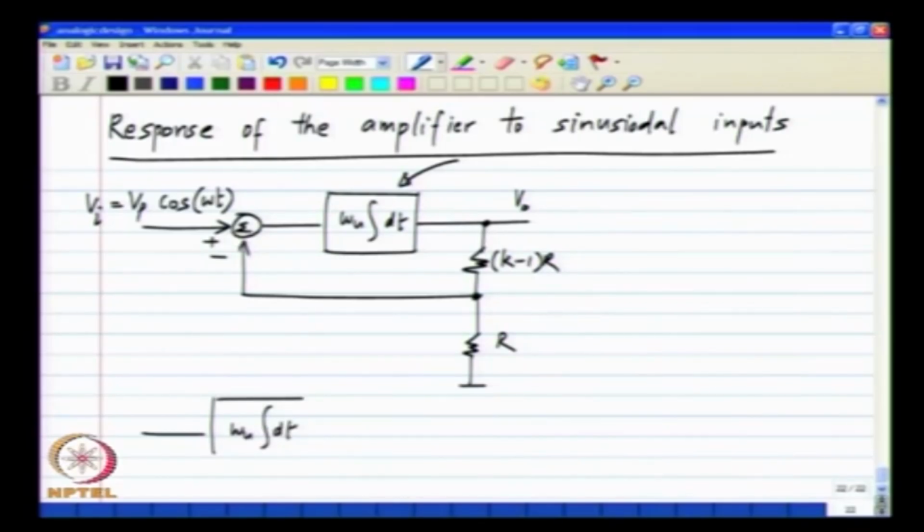What is an integrator in the time domain is the same as this algebraic operation in the Laplace domain, that is omega u integral of time is the same as omega u by s, is the same as multiplying the input by omega u by s. Okay.